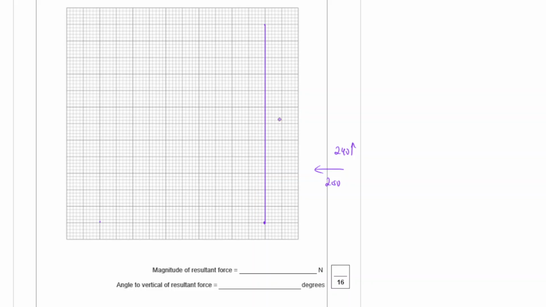There you go. That would be 240 Newtons, so each box is 20. Then you need to count 10 boxes to the left, 1, 2, 3, 4, 5, 6, 7, 8, 9, 10, all the way up to this point.